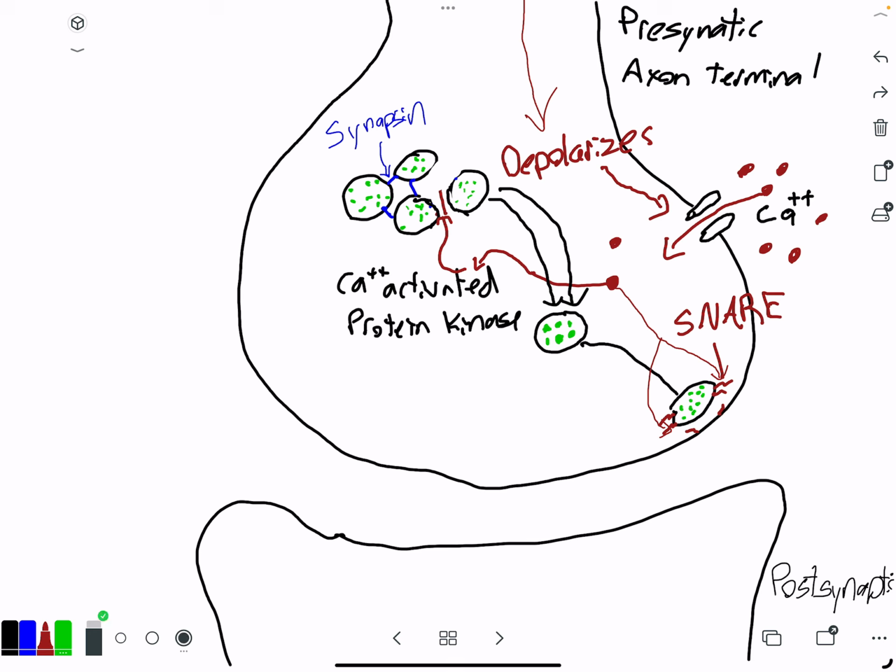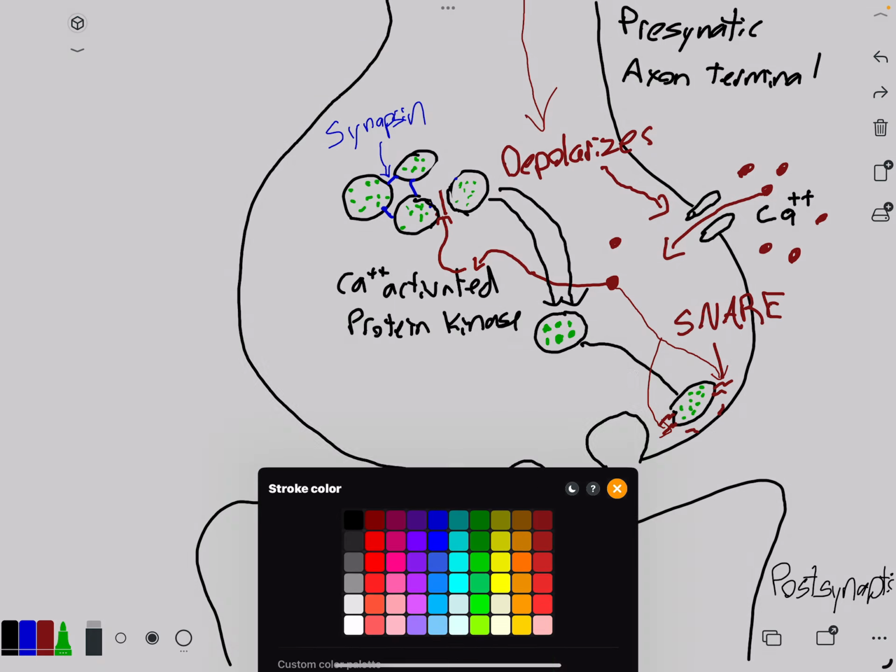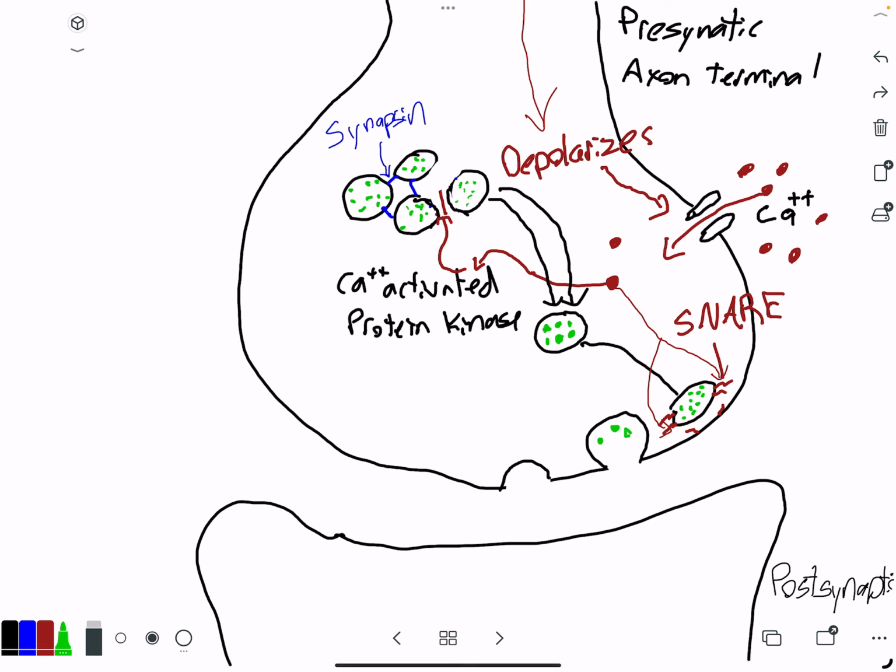And what it ultimately does is cause this vesicle to merge with the presynaptic membrane, and thus spill out the neurotransmitter into our synaptic cleft.